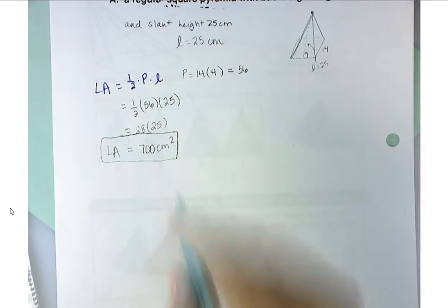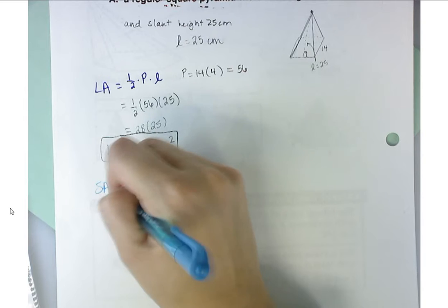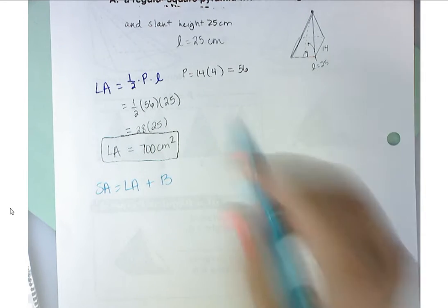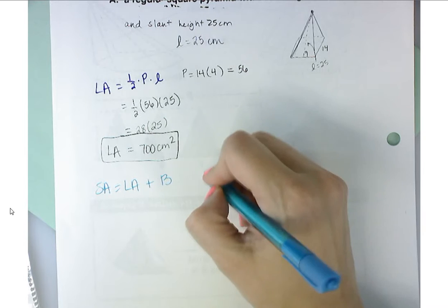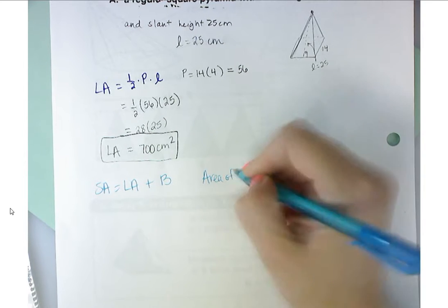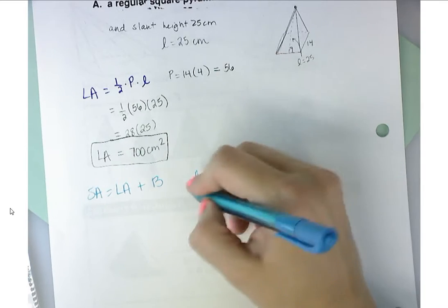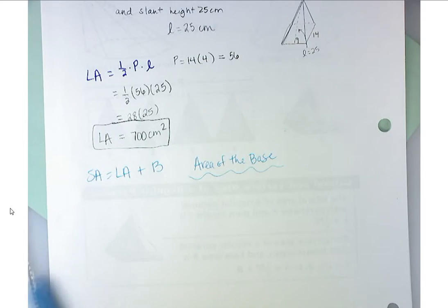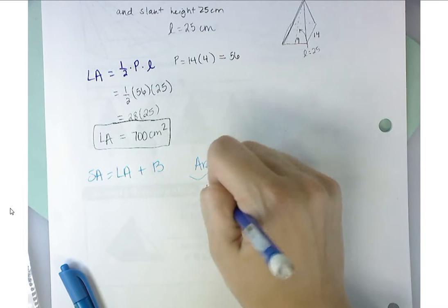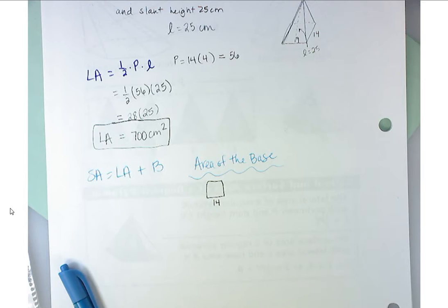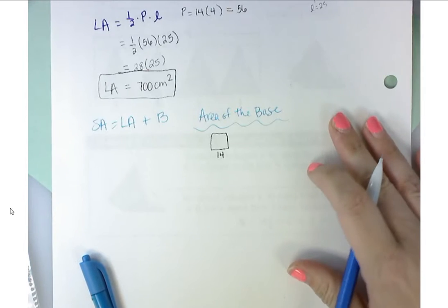Okay, now the surface area is equal to the lateral area plus the area of the base. Okay, so to find the area of the base, we have a square, and we know the side length is 14. Okay, so Xavier, how am I going to find that area?